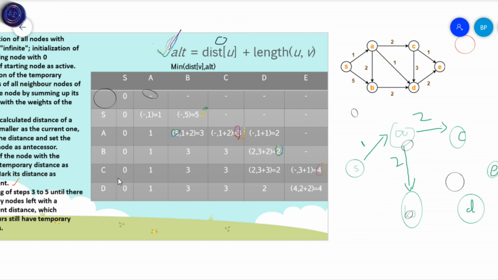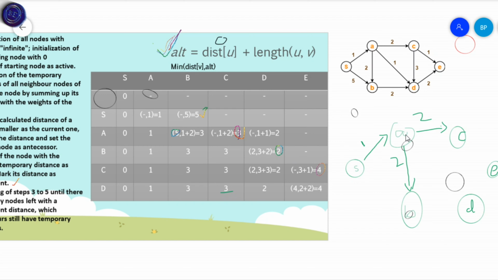Okay, so from source to A, the minimum is 1. From source to B, the minimum is 3. That means S to A and A to B. Next, coming to source to C, it is 3.